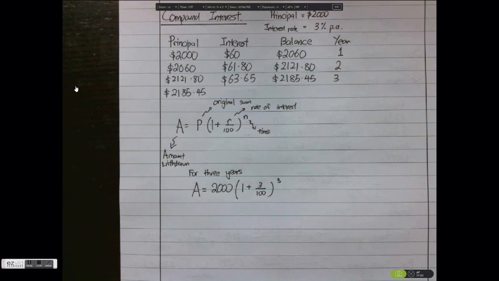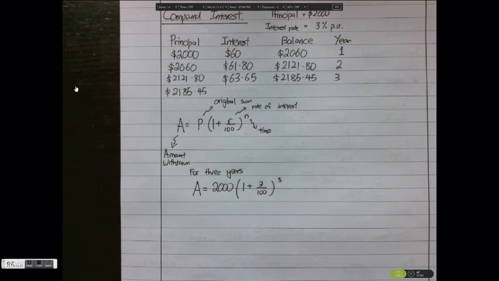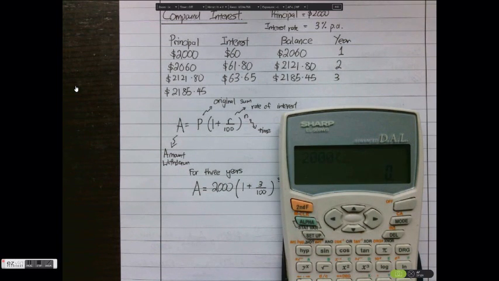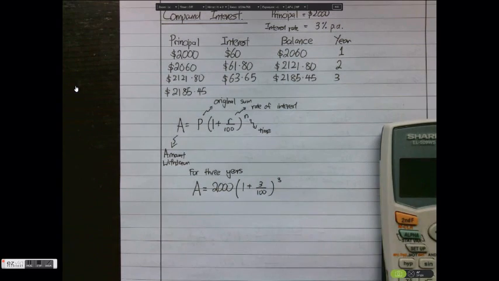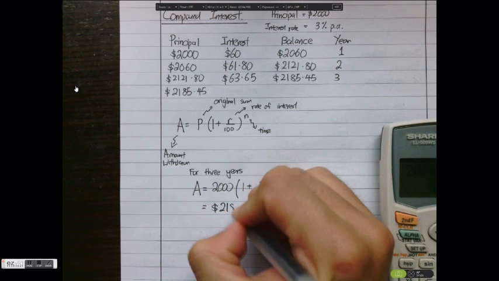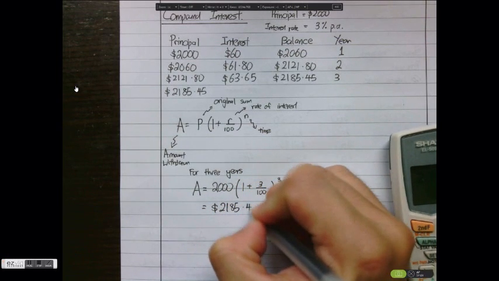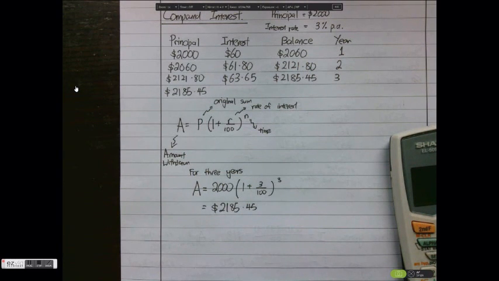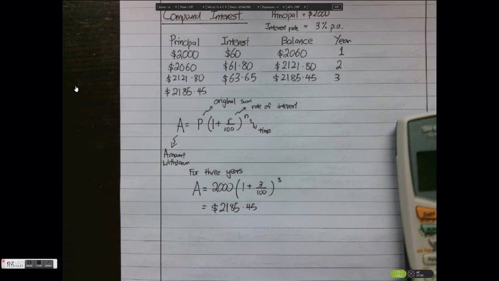I just key into my calculator 2,000 times 1 plus 3 over 100 to the power of 3. I press calculate, 2185.45. Look, 2185.45. So instead of using all the long steps and calculating one by one, feeding a new principal, using the formula, I can get the amount immediately.